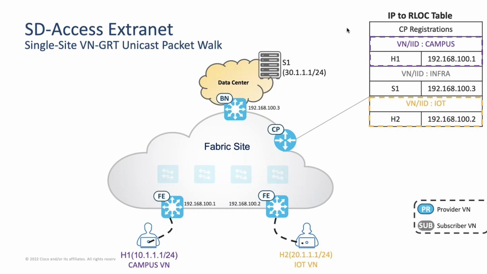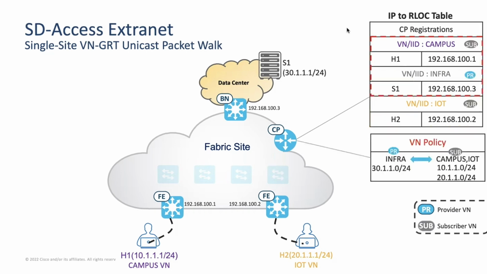We've always just called it the infra VN. So I've got these three separate spaces now set up in my table here. I want to set up a policy that says I want the infra VN or global routing table to be my provider. I want the subscribers to be my campus VN and my IoT VN.